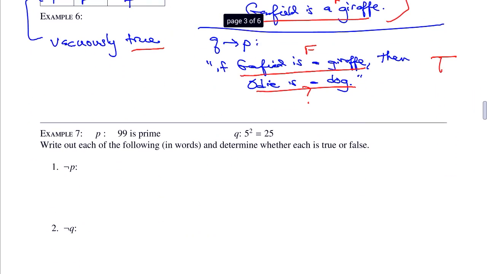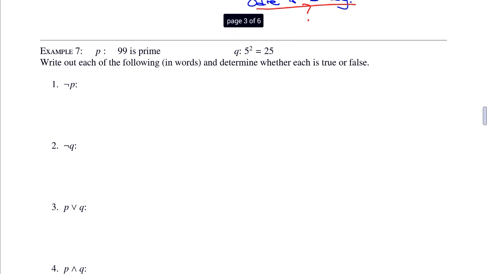All right, example 7. Let me do one of these, and then I'll let you work with your partner on the rest of them. You have the following propositions. P is 99 is prime, and Q is 5 squared is equal to 25. You want to write out each of these and determine if the resulting statement is true or false. So I'll do the first one.